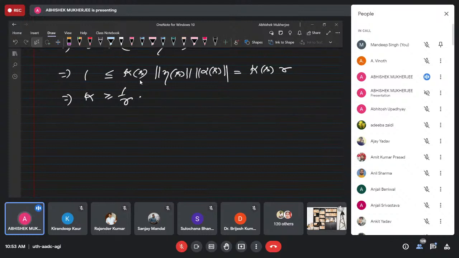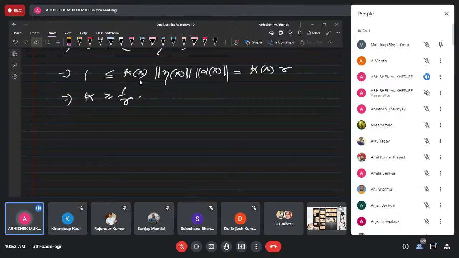Now, let us move to the case that if you start from a regular parametrized curve having arbitrary parameter, then as we have already proved, it could be made naturally parametrized by the arc length parameter small s.